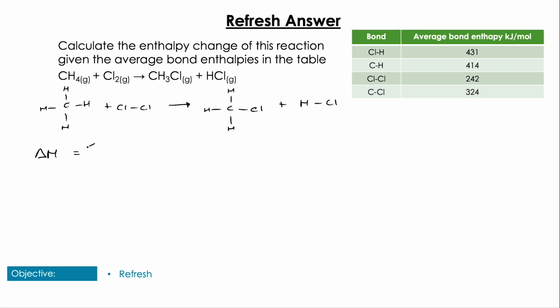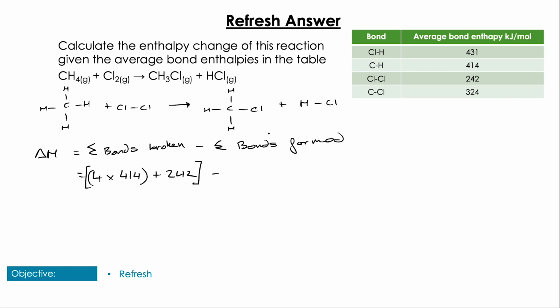So remember that delta H is going to be equal to the sum of the bonds broken minus the sum of the bonds formed. So we're going to total up the bonds broken, which is going to be 4 times the CH bond, which is 414, plus 1 times 242.